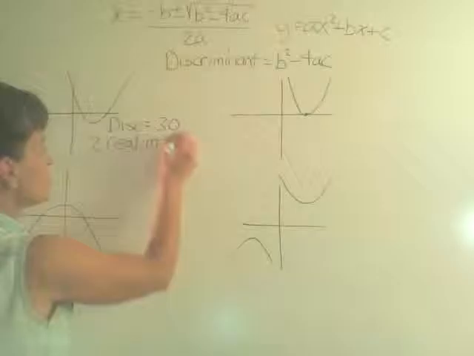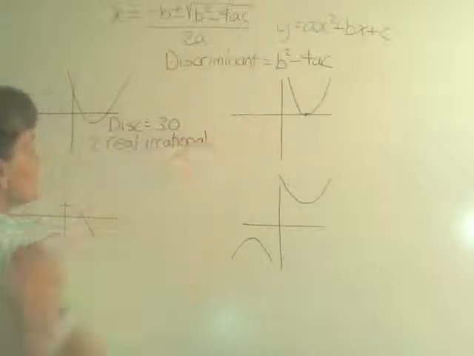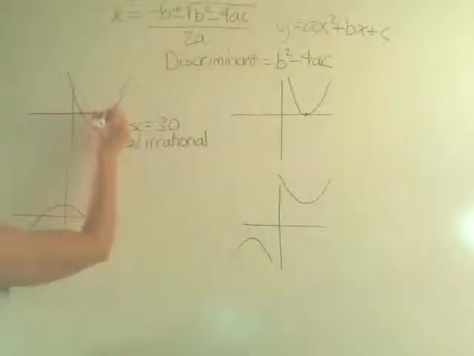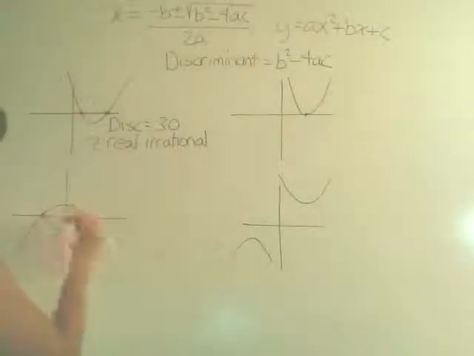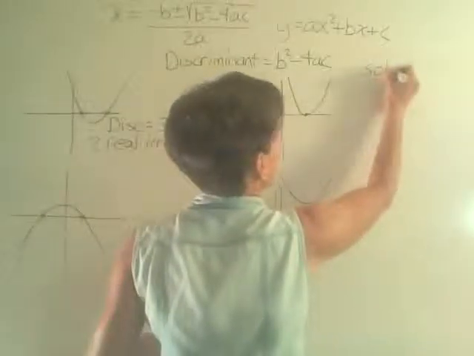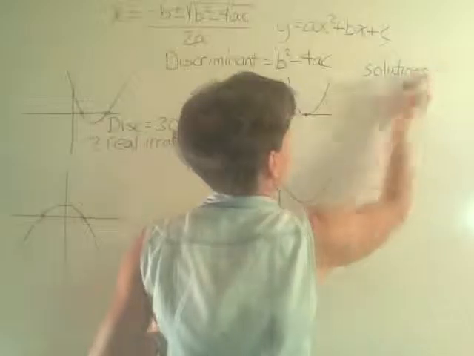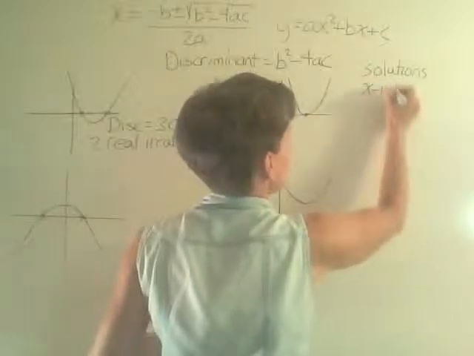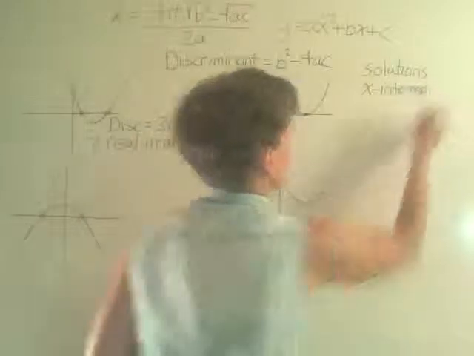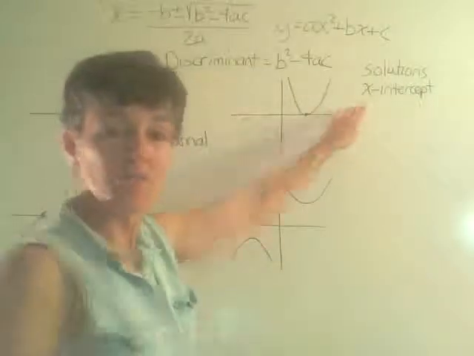irrational solutions. All right, so solutions to a quadratic equation, you see, are these x-intercepts. That's what solutions are. Solutions are x-intercepts. Now, remember, to get an x-intercept, you let y be 0.